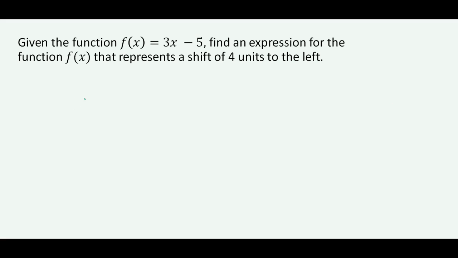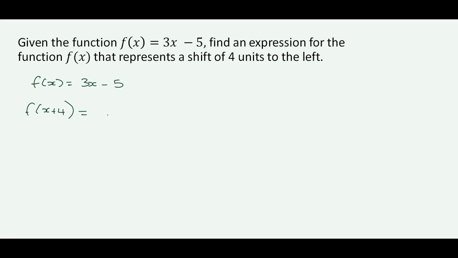Let's look at some examples here. The question is, if f of x equal to 3x minus 5, find an expression for the function that represents a shift of 4 units to the left. 4 units to the left is going to be f of x plus 4.